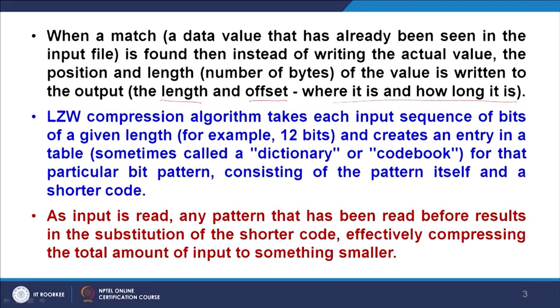This algorithm takes each input sequence of bits of a given length, for example 12 bits or 8 bits, and creates an entry in a table, which is a lookup table or dictionary, or code book we can say, for that particular bit pattern, consisting of the pattern itself and a shorter code. By this we achieve LZW compression, and later on the table is read, and any pattern that has been read before results in the substitution of the shorter code, effectively compressing the total amount of input to a smaller file size.